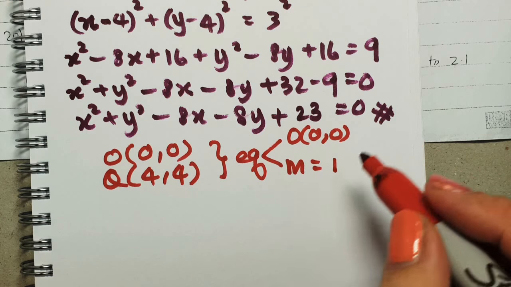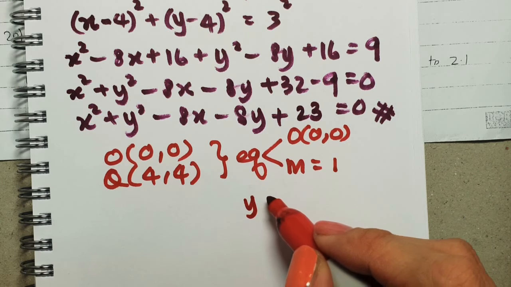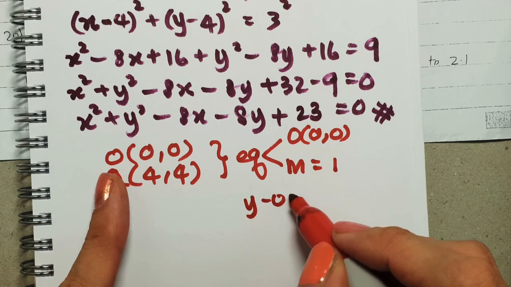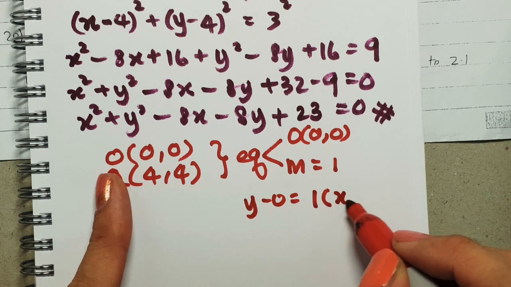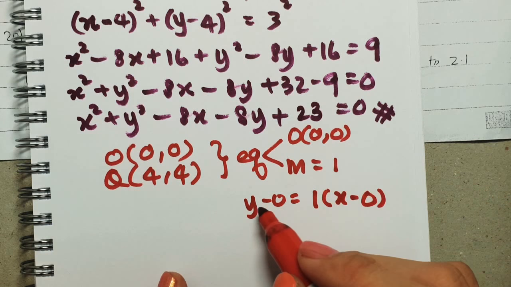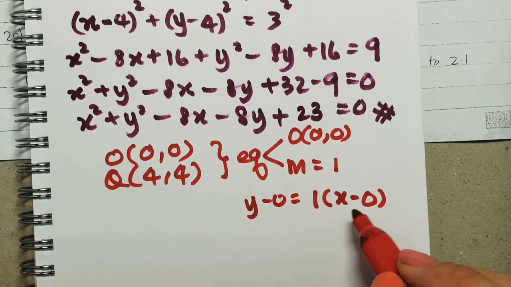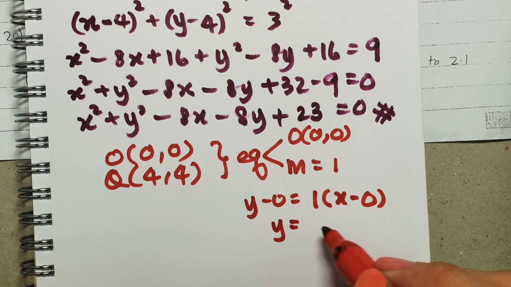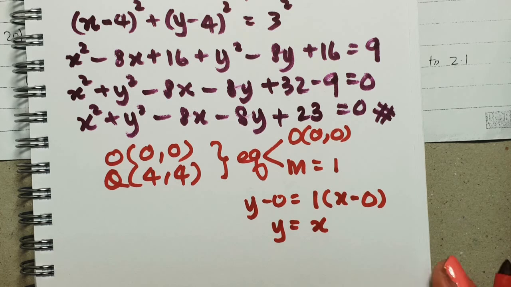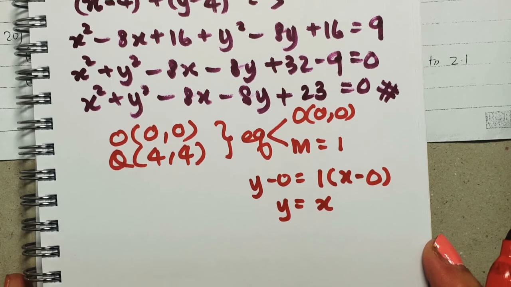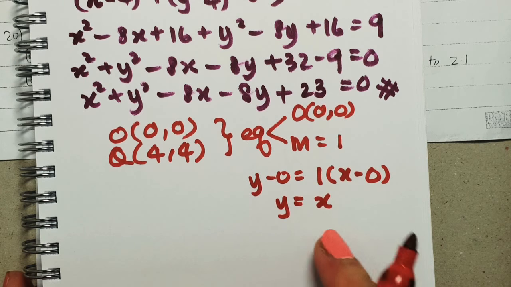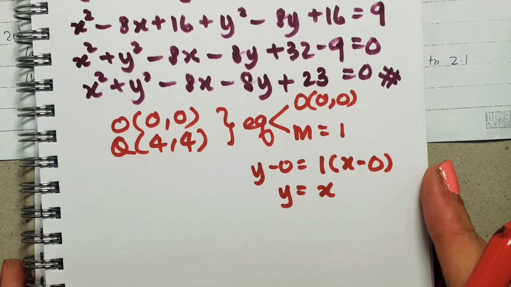Therefore, the equation will be y minus 0 equals m times x minus 0, that is, y minus y1 equals m times x minus x1. So we will have y equals x. This is the equation. Now we need to solve the equations simultaneously.